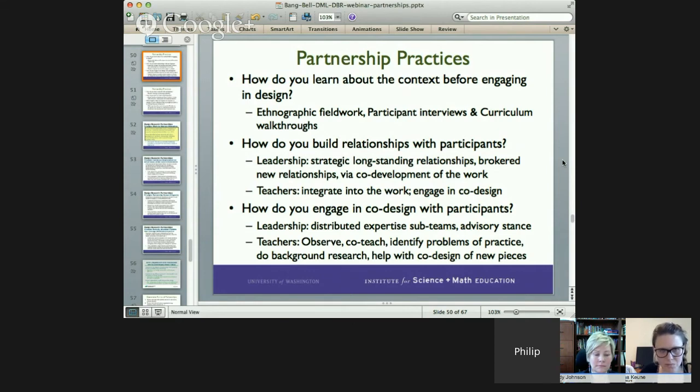The relationship building part of the collaboration is interesting, and I think it underscores a lot of what Megan has already put on the table. We have a long-standing relationship with some of the people in the collaboration on the school side, going back 12, 15 years at this point. So it's almost like a series of projects that have developed over time through trusted networks across research and practice.